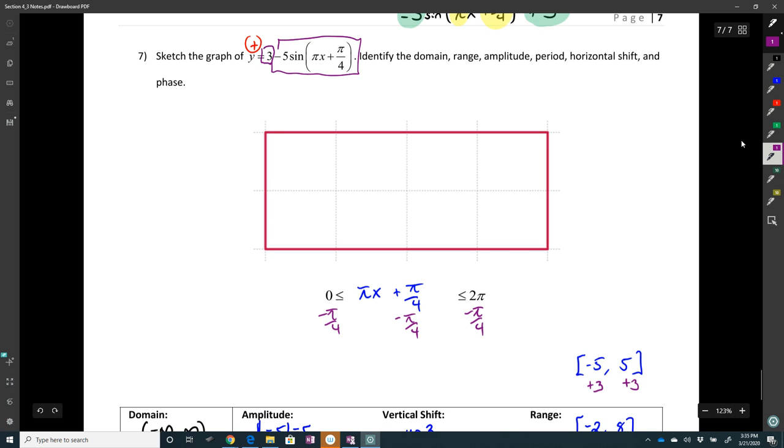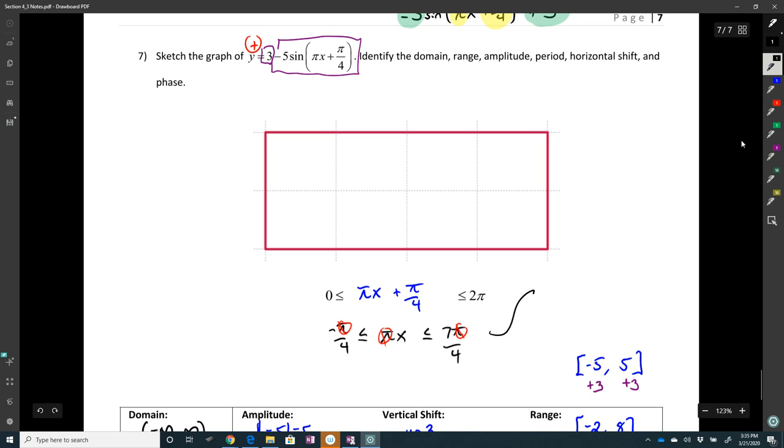When we subtract pi over 4 from each side, we end up with negative pi over 4 on the left of pi x, and then 2 minus a fourth is 7 pi over 4. The last step is to divide by pi, and when you divide by pi, basically all the pi's just go away.